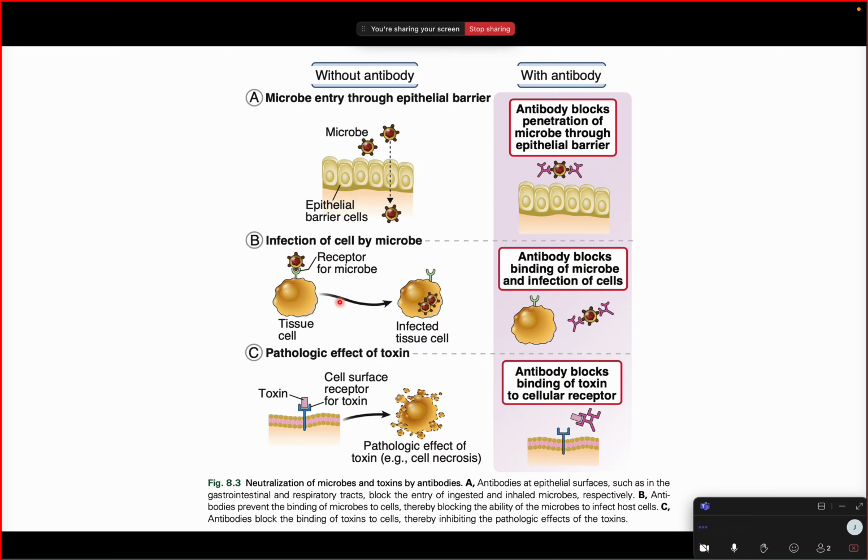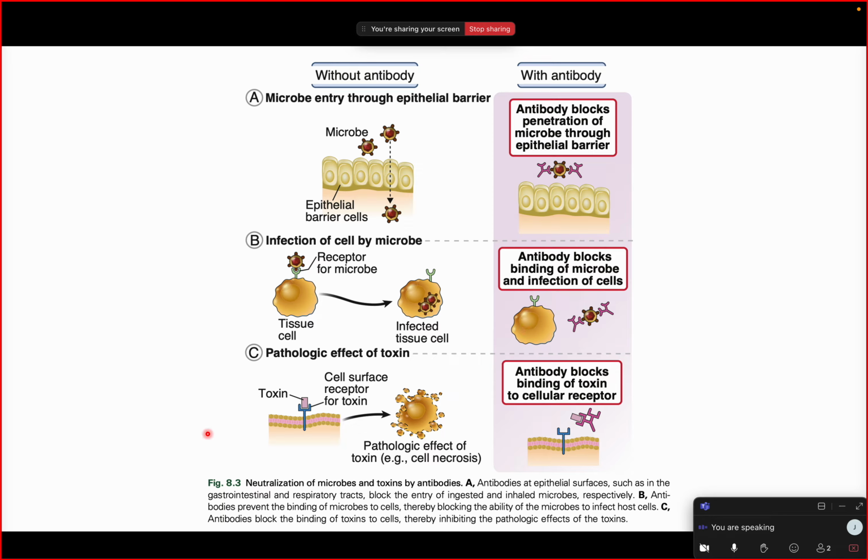Now imagine the antigen is there and it has bound to the receptor of our cell, so it will infect our cell because it has already crossed the first barrier, so even the second barrier will be crossed. Now imagine the antibody is collected here, then it doesn't have any receptor to bind to our tissue cells. Again, it saved the infection. If we talk about toxins, the same thing happens.